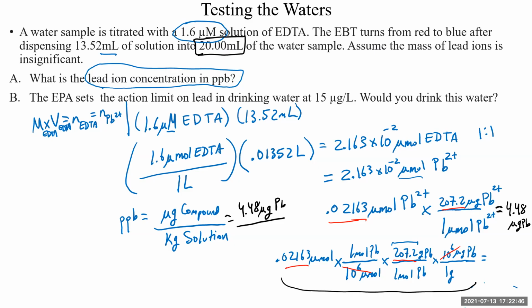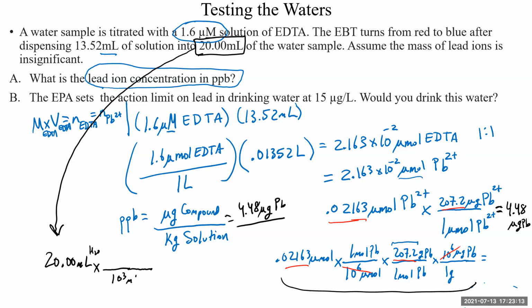So my water that contained these 4.48 micrograms of lead was 20 milliliters of water. So I'm going to convert 20 milliliters of water into kilograms so I can make this parts per billion calculation work out.